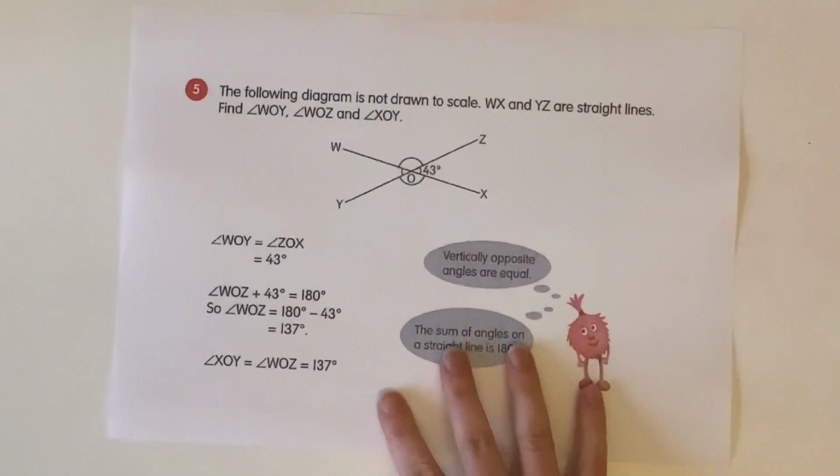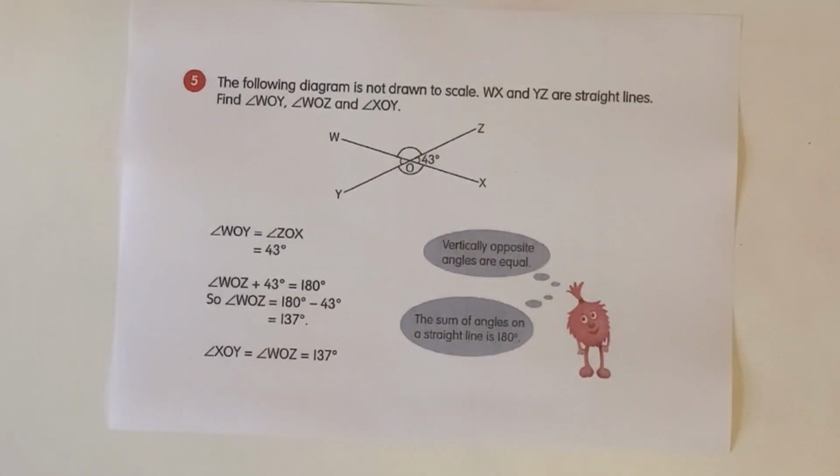Now, if we have a look at this diagram, this diagram is, as we're told, not drawn to scale, but we have been told some information. And sometimes when we're given diagrams like this, which are not drawn to scale, we can use the information to work out what the size of the other angles are, without measuring.